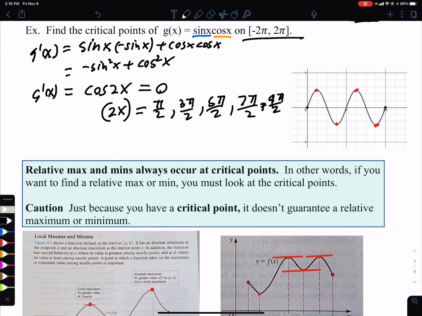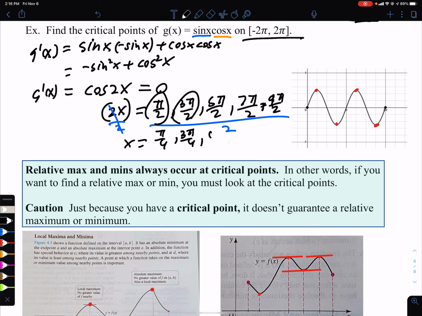So to solve for x, I need to divide both sides of this by 2. So we're going to get x equals pi over 4, 3 pi over 4, because I'm dividing all these by 2, 5 pi over 4, and 7 pi over 4. And we would stop there because if we go further, we're going to be outside of 2 pi.